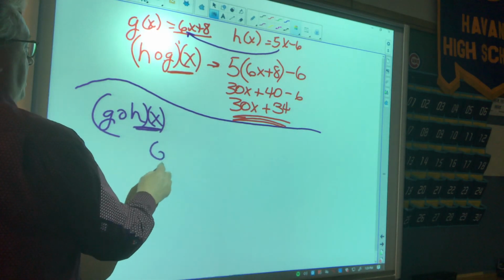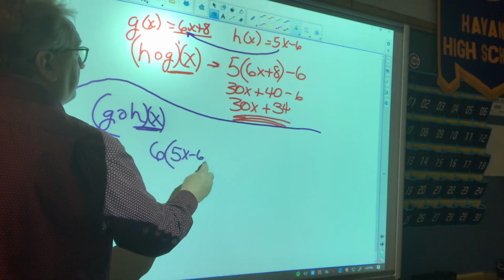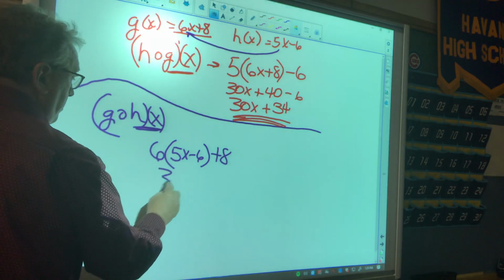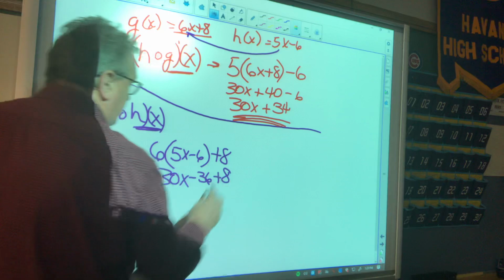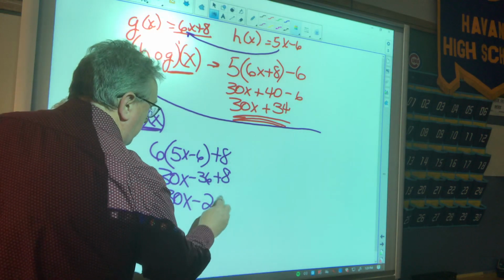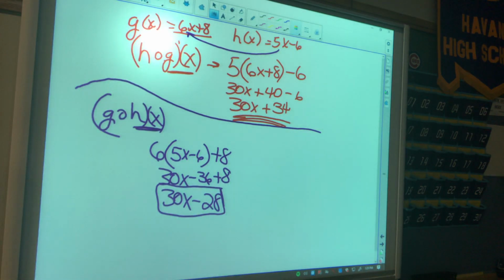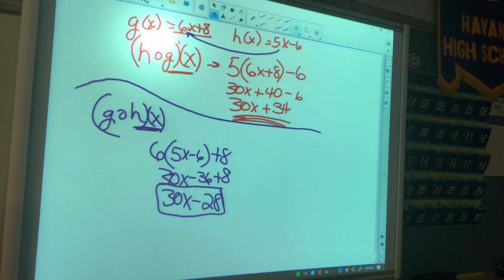So we've got 6 times 5x minus 6 plus 8, 30x minus 36 plus 8, 30x minus 28. And there you have it. That is composing functions.